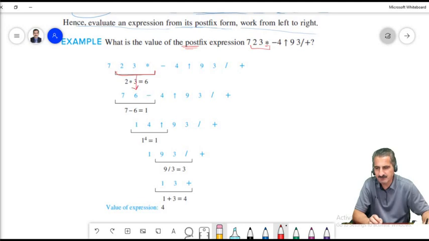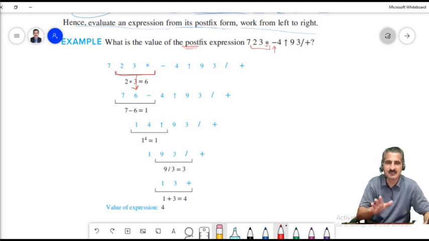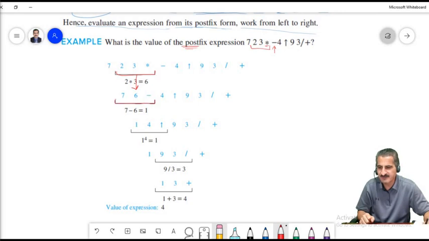So this will be replaced by 6, and then after that there is a minus, which is in here. So we have 6 has already appeared, and 7 is given. So we have 7 minus 6, so we get 1, and this one in here. And now I have exponent, so it is 1 to power 4, which is 1. So this goes here.